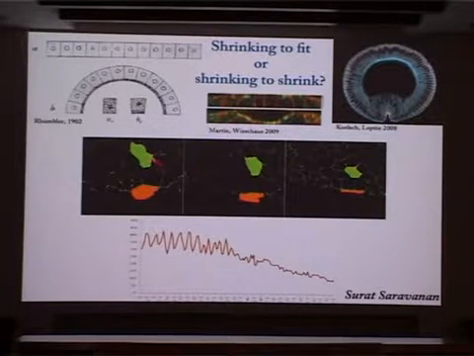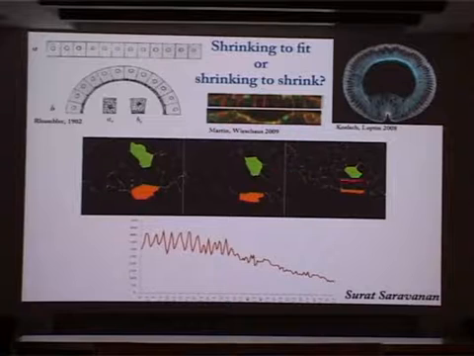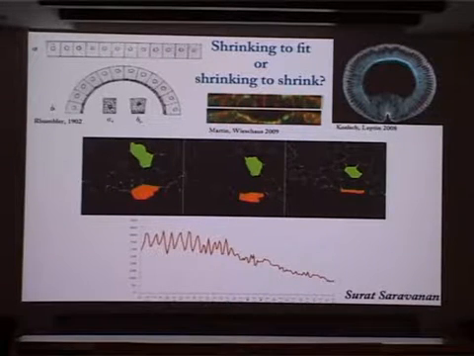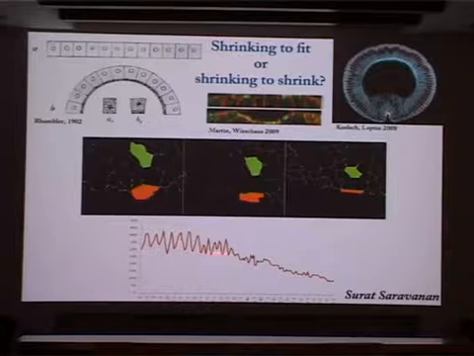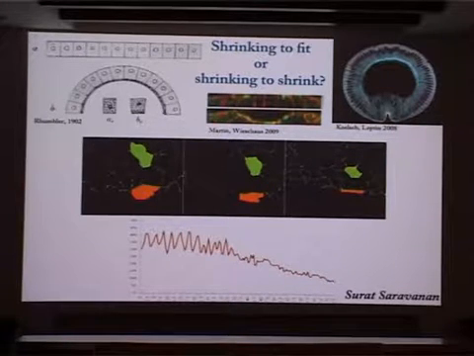And so this process of this green cell becoming smaller as a function of time is actually a complex trajectory that can be divided into a couple of phases that look like this. What you're looking at here is changes in area, but we've looked at a bunch of other things that I won't go into.